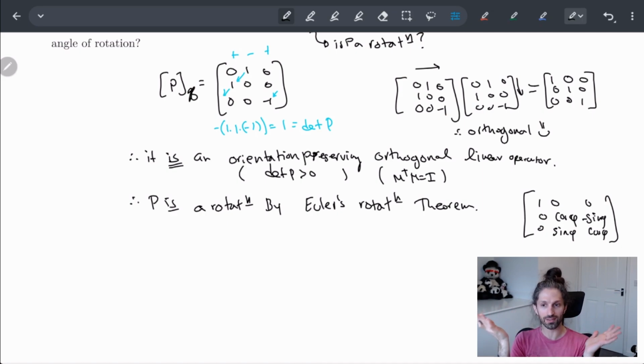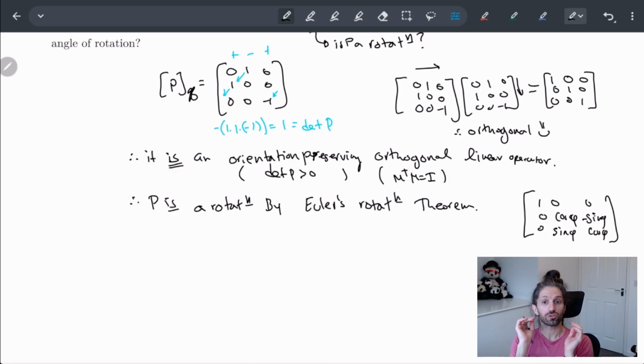What is happening? The thing is, these matrices are dependent on the basis that's chosen. Sometimes you're going to get a rotation that doesn't look like the standard rotation matrix. This is why Euler's rotation theorem is very strong, because we don't have to have something in this format. We just multiply by the transpose, look at the determinant, and these two things will tell us if it is or is not a rotation.